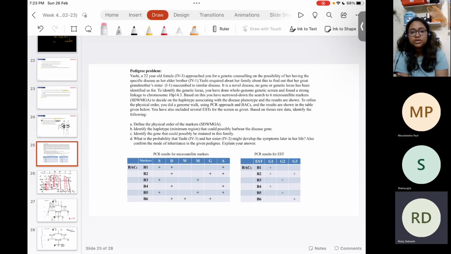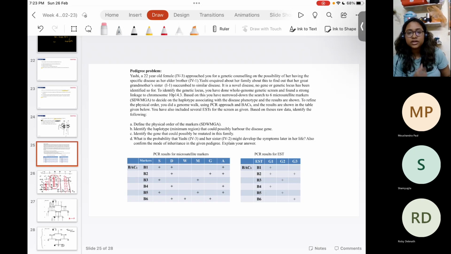So you have to remember that a particular fragment, say B1, you maybe cannot get the correct order in the first go. In the second go you will get the correct order, and in the third go you will get the correct order.